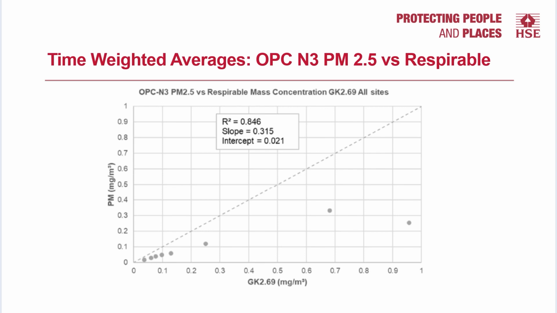So this is the first comparison, where we looked at the results from the optical particle counter, the AlphaSense optical particle counter, and looking at its PM2.5, we're comparing that to the respirable fraction.